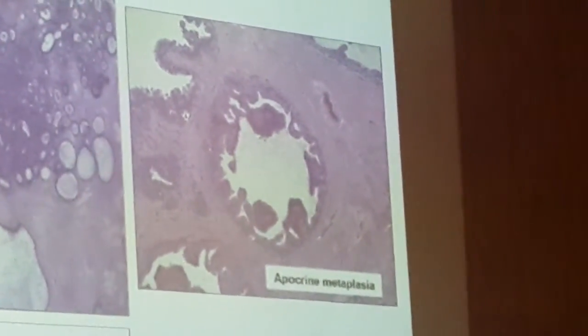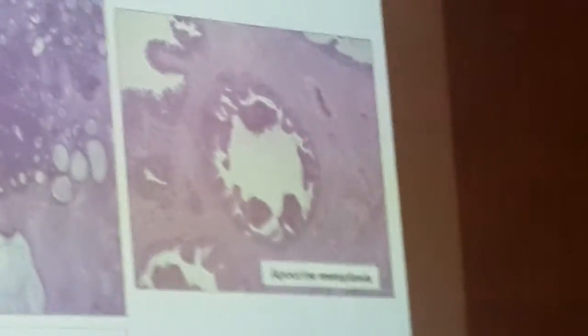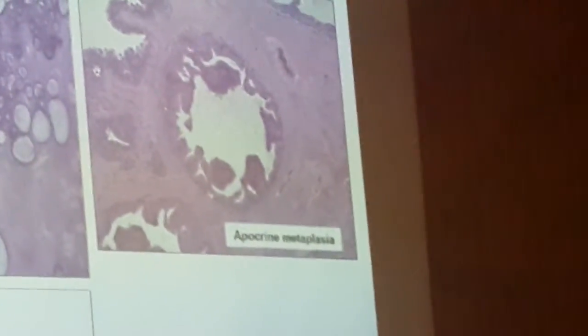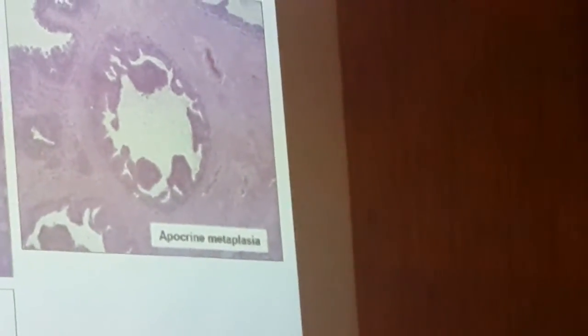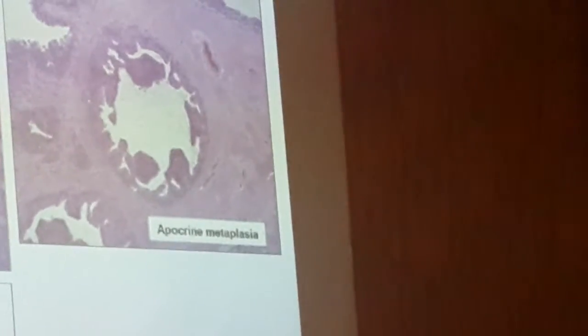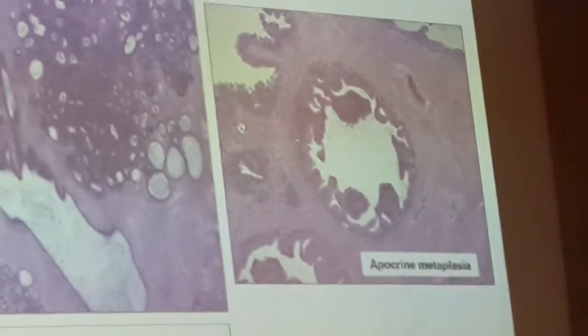This is mild hyperplasia, maybe 2 to 4 cells. So in fibrocystic changes, you will find fibrosis here, cyst here, apocrine metaplasia here, and mild epithelial hyperplasia.